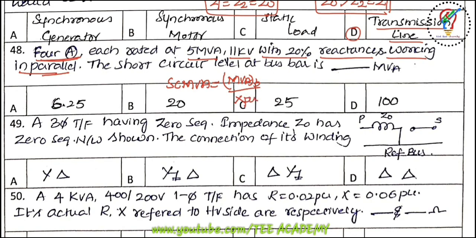So when the four alternators are operating in parallel, X per unit value will be 20% by 4, which is going to be 5%. Just substitute here X per unit as 5%, and the MVA base is 5. So 5 MVA divided by 5%, means 5 by 100. So simply we'll get 100 MVA. Answer is 100.